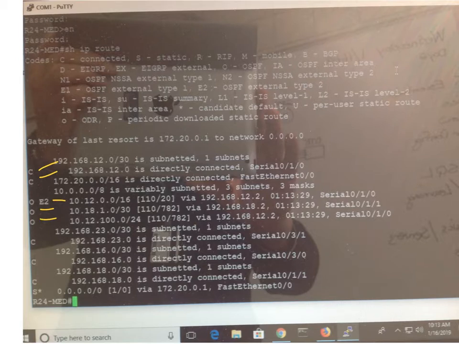These would be the LANs, internal LANs on all those networks. And then these were connected routes. Default going out. See, that's a connected route right there. And these were the other inside routers that we were looking at. 23 was connected, 16, 18, and up here 12.